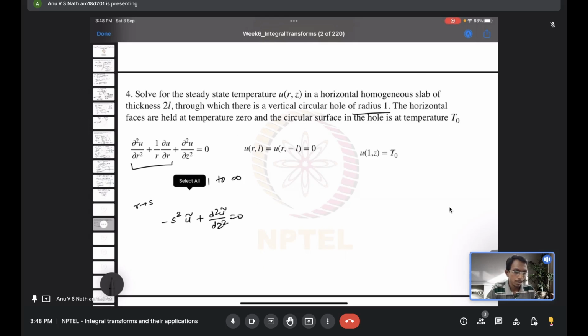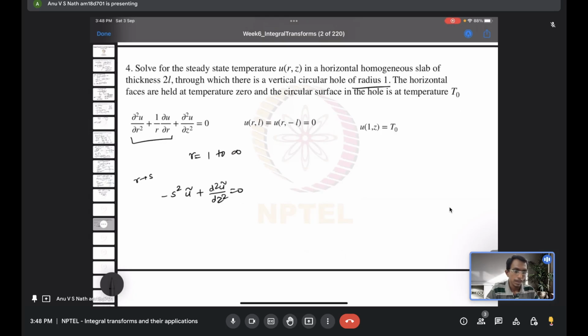This is just a linear differential equation of second order, and that you were able to solve easily. So here, because we have the issue of r going from 1 to infinity, you may not be able to solve it that way.